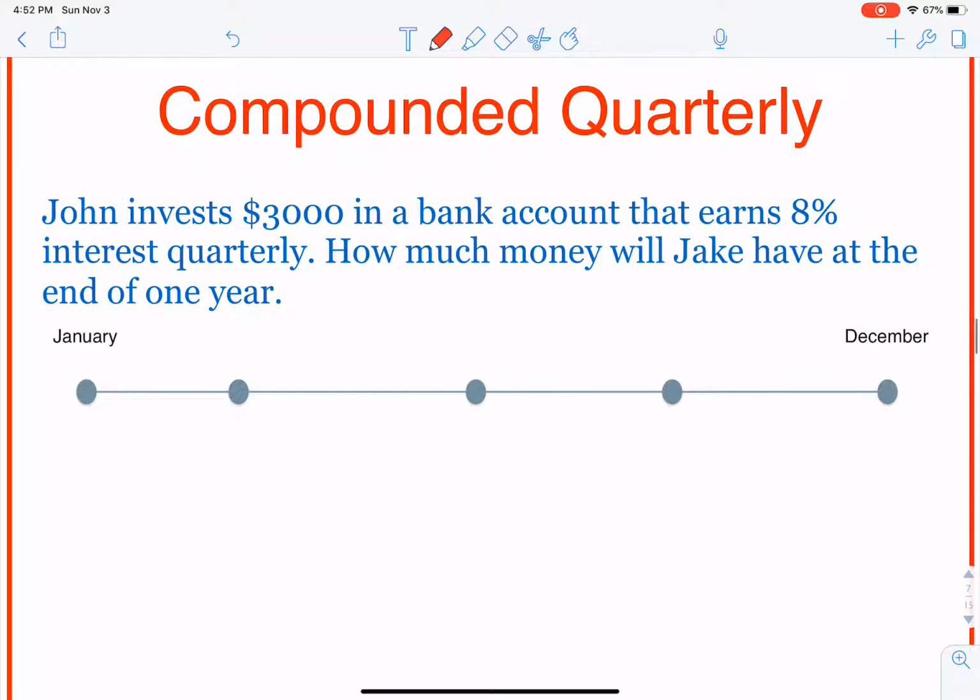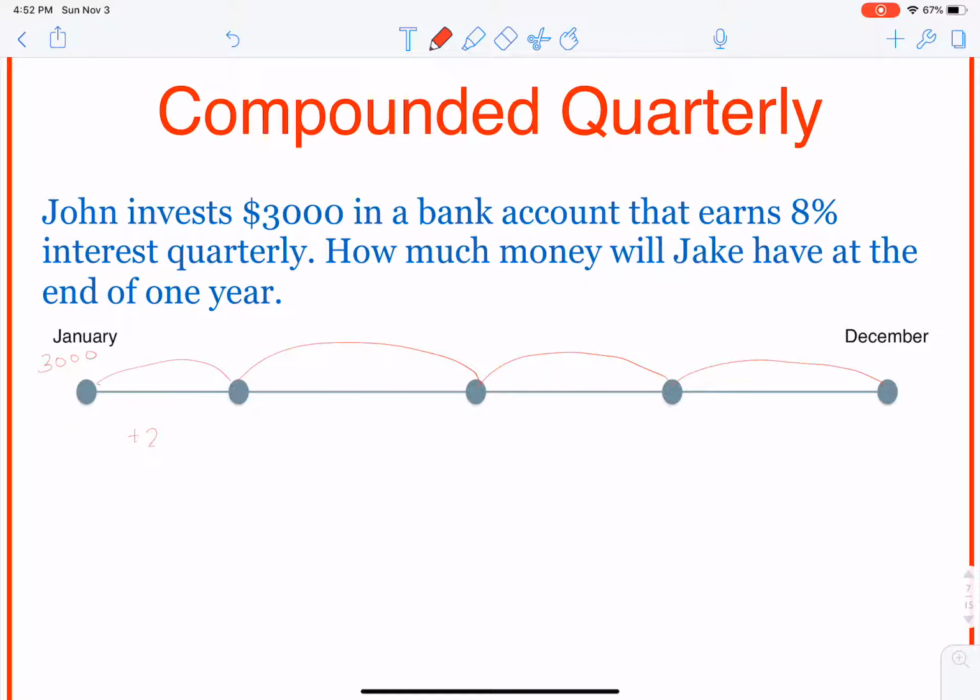So looking here, if I were to compound something quarterly, I would do the same thing. I would start with this $3,000, and a quarter of the way through the year, this would get me to half the year, 3/4 of the year, and lastly, a full year.